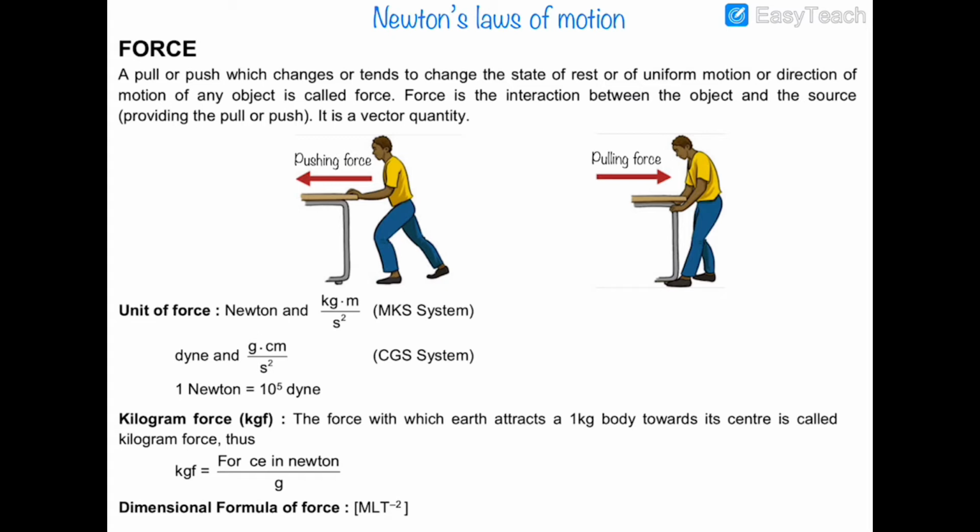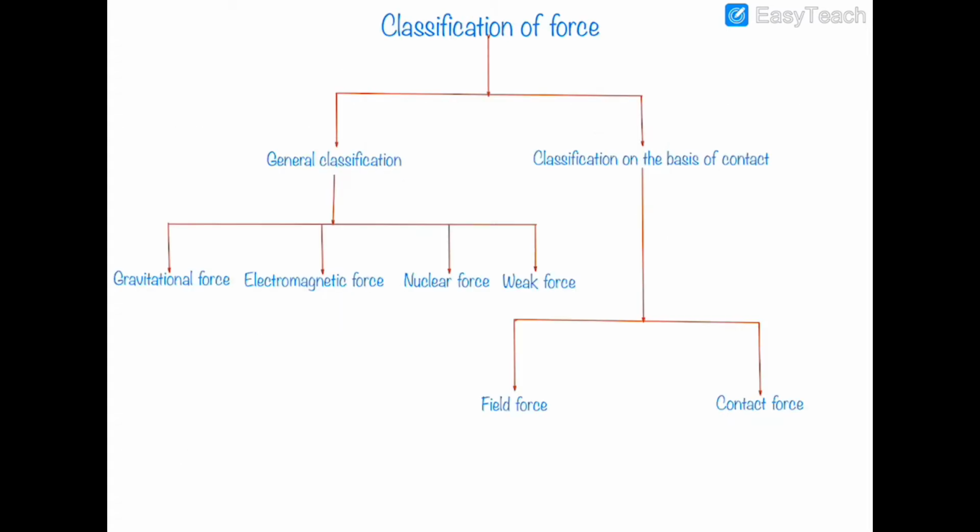So now we come to the classification of force. There are two types of basic classification of force: the general classification and the classification on the basis of contact. In the general classification, force is classified into 4 types.